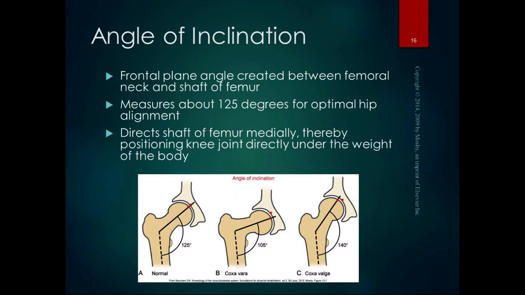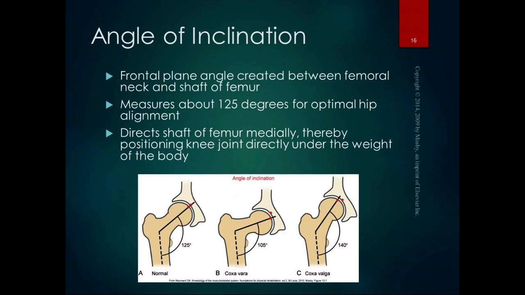There is a frontal plane angle created between the femoral neck and the shaft of the femur. For optimal hip alignment, the angle of inclination is about 125 degrees. When we get in the lab, let's break out some femurs and measure their angle of inclination just for fun. You can't do that on a human being except by an X-ray, but some of the external manifestations of changes in angle of inclination you can observe on a human being.